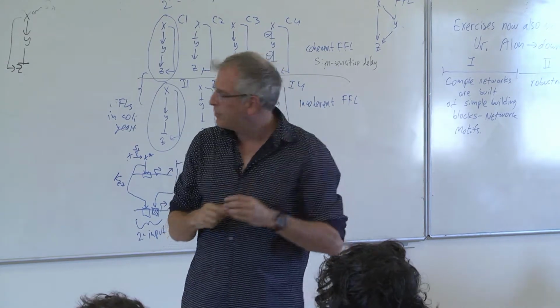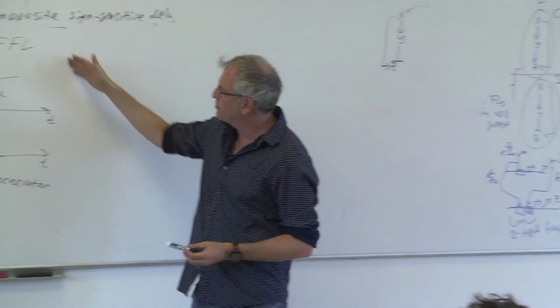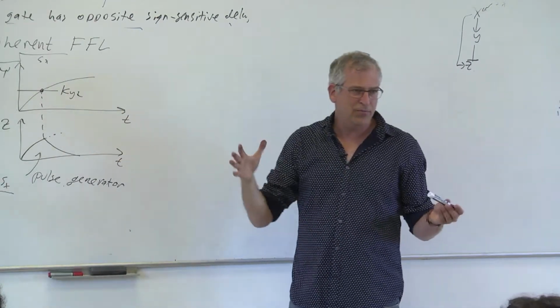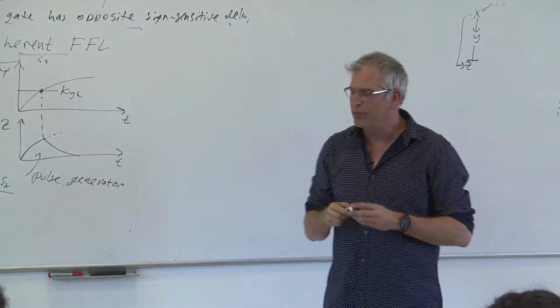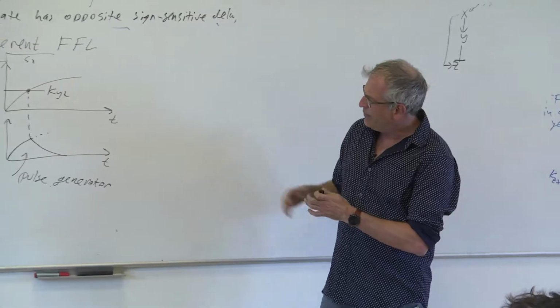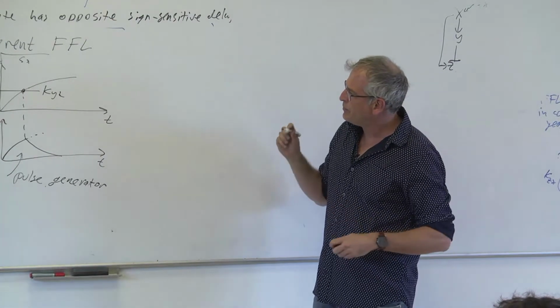And a lot of times you have an incoherent feed-forward loop there where a transcription factor activates a gene and also an inhibitor of the same gene. In the EGF system, for example, that have been well characterized. So you have pulses very often in the cell.